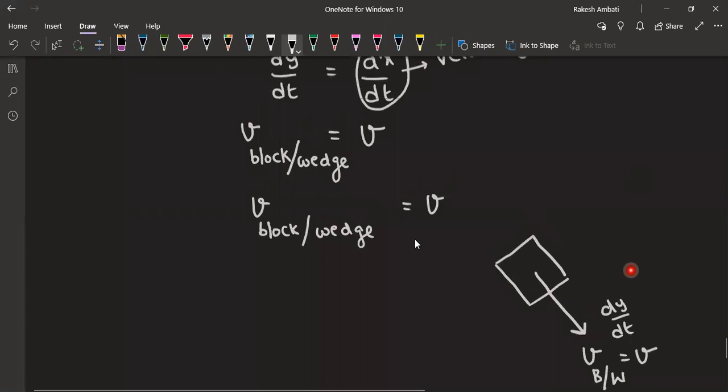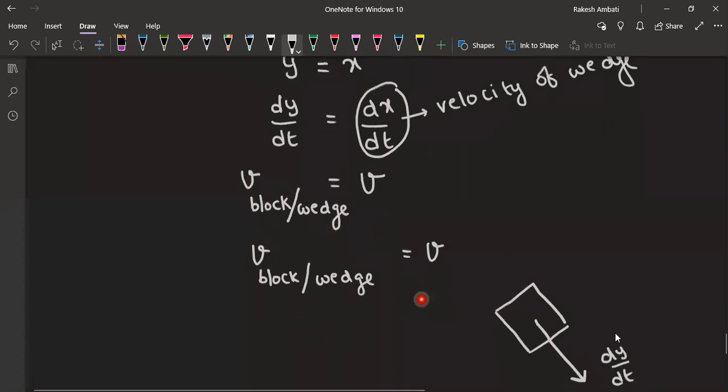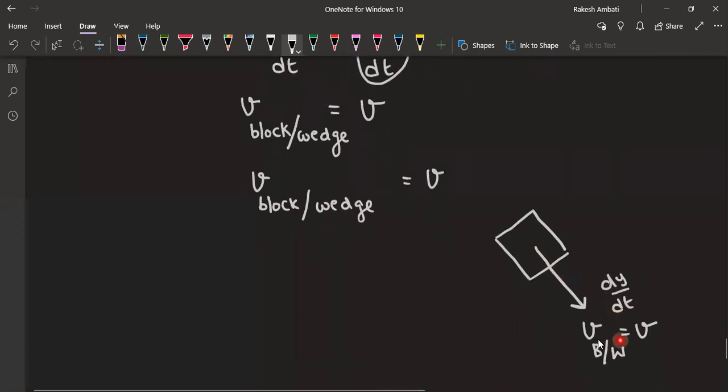But here one more important point. Whatever velocity we got, that is the velocity of the block with respect to wedge. So it is the dy by dt value, that is the velocity v we got.